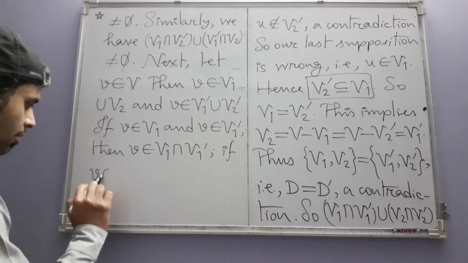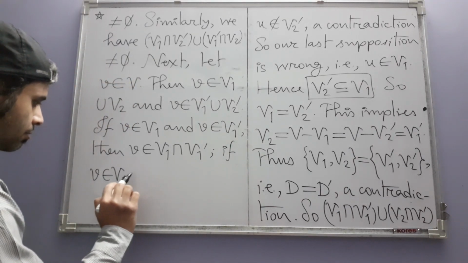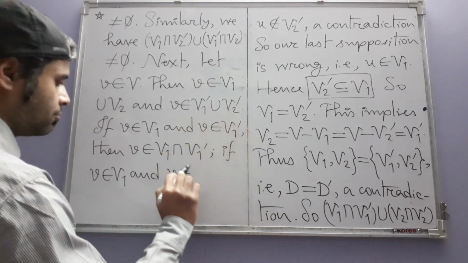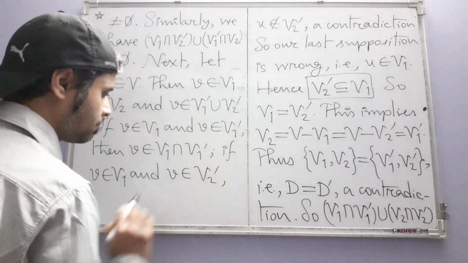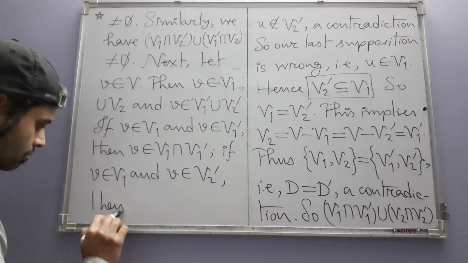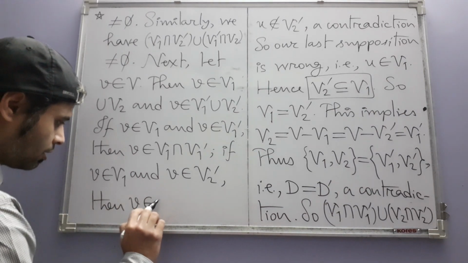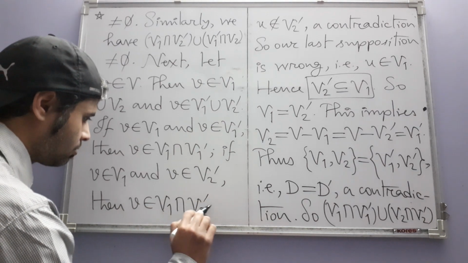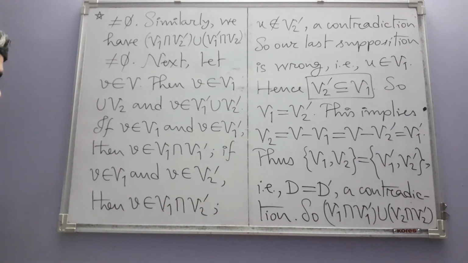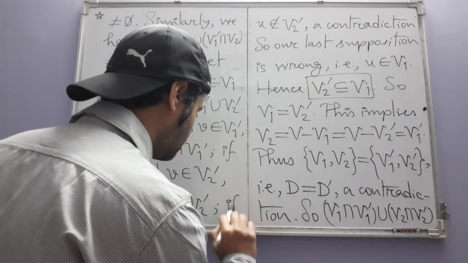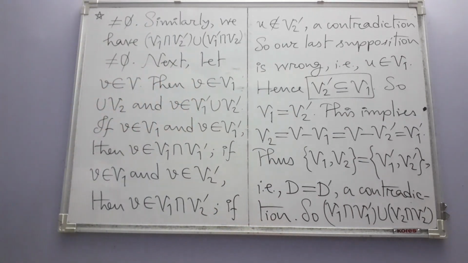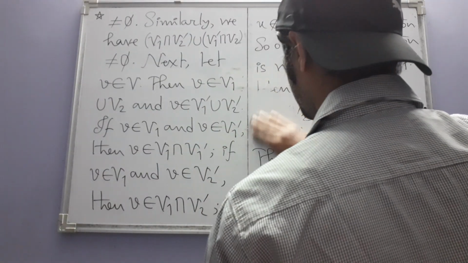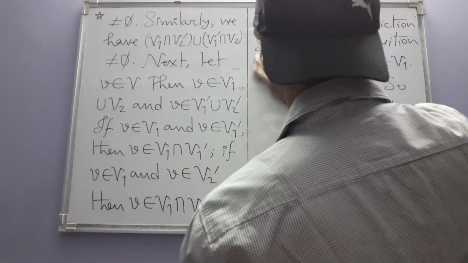Then if v belongs to V1 and v belongs to V2 prime, then v belongs to their intersection. This is the second case. Then third, I think you can now see how the union of this and this is the entire vertex set V.